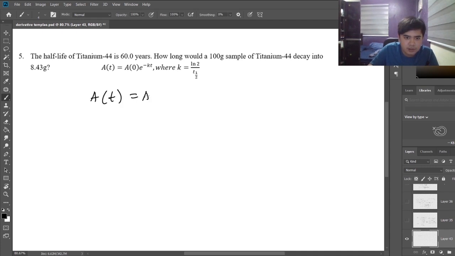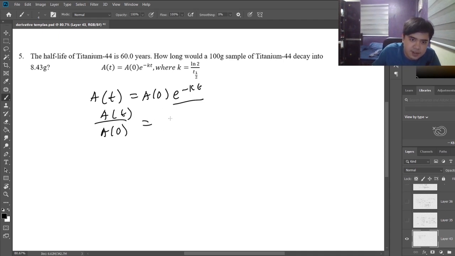A of t is equal to A of 0 e to the negative kt. We need to isolate this thing first. So let's divide both sides by A of 0. So we get e to the negative kt. So we can take the ln of both sides to remove the e here. So ln and e cancel each other out.